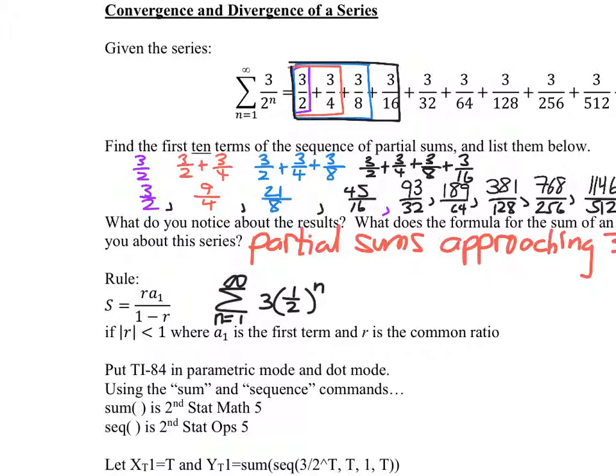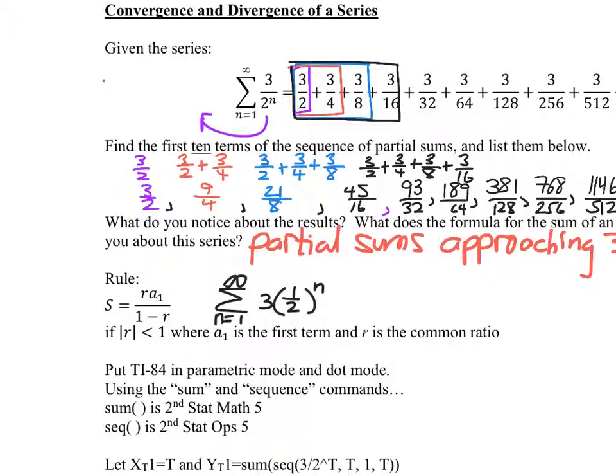Really, there's kind of an intermediate step in there, but I don't think I necessarily need to write it, because I could bring the 2 to the n up and negate the exponent. So it would be 3 times 2 to the negative nth. I guess I could jot that down up here.